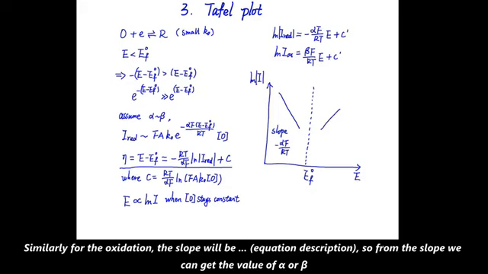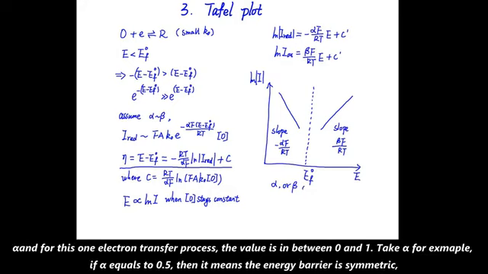And similarly for the oxidation, the slope will be beta F divided by RT. So from the slope we can get the value of alpha or beta, and for this one-electron transfer process the value is between 0 and 1.